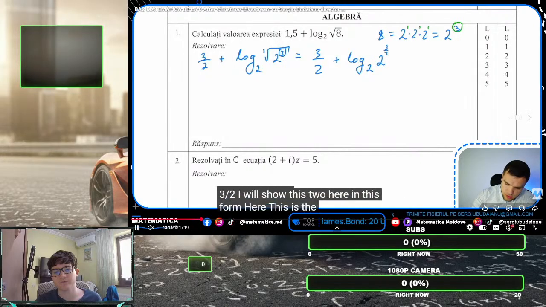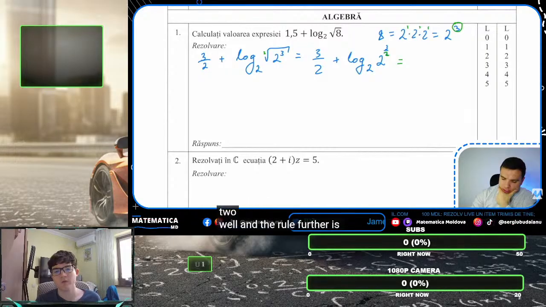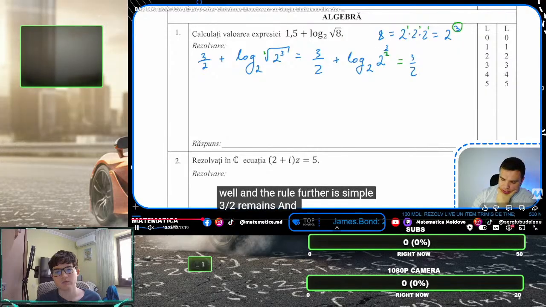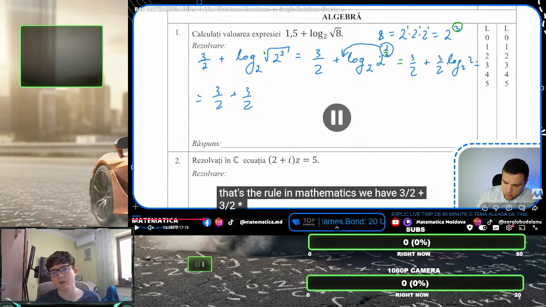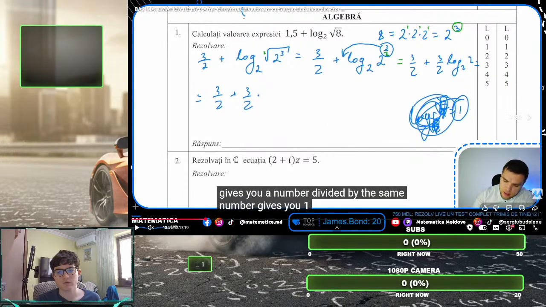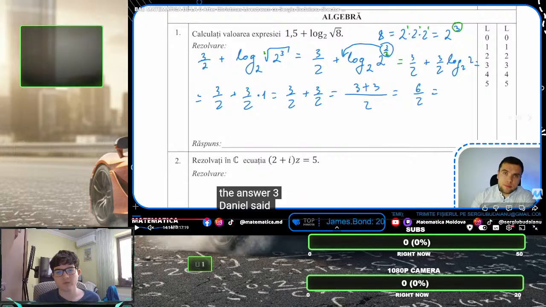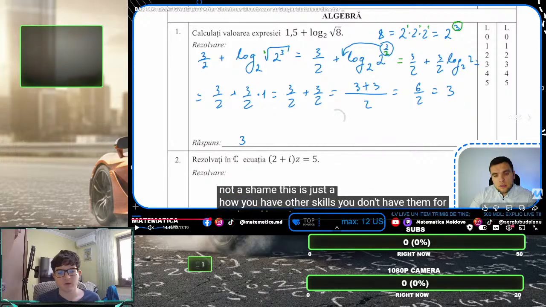Okay, so it's gonna be just 2 to the power of 3 divided by 2. So 3 divided by 2 goes up front. That's a property of log, and then log 2 they cancel out, so you'll have 3 divided by 2 plus 3 divided by 2, so that's 6 divided by 2, that's 3. So now we're moving on to the next stuff.